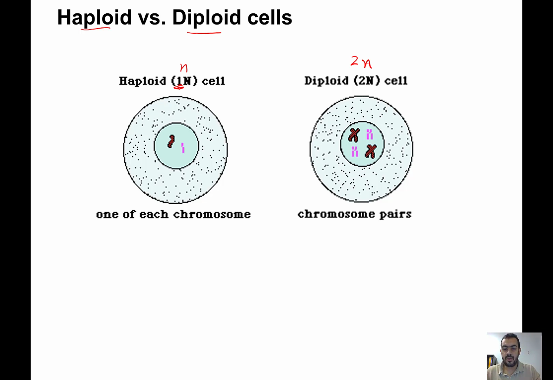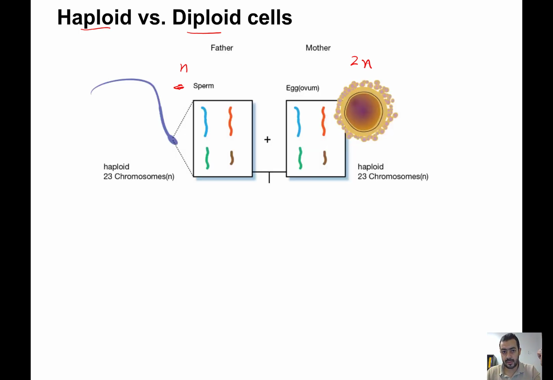So where do the pairs come from? The pairs come from the female chromosome and the male chromosome when they meet by fertilization. So the fusion of the male and female chromosomes is what makes the diploid cell.